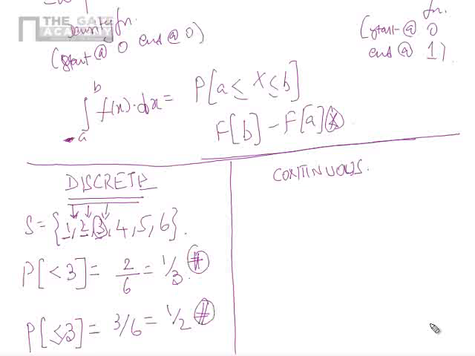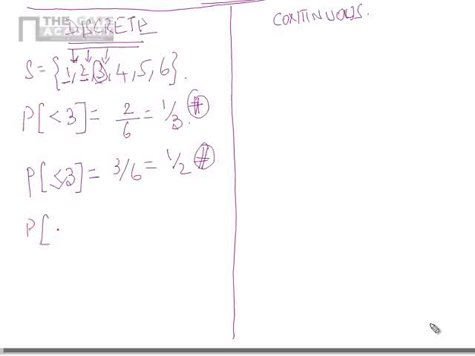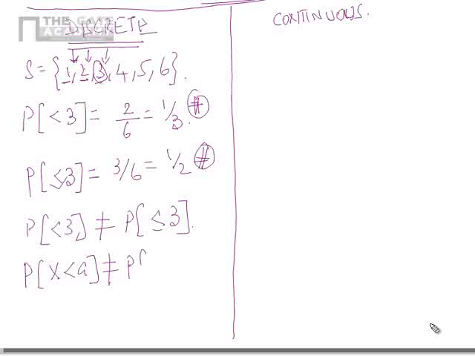So 1 by 3, that means the probability that I get less than 3 is not equal to the probability that I get less than or equal to 3. Correct? If I want to generalize, I can say that the probability that x is less than a is not the same as the probability that x is less than or equal to a in case of discrete events.